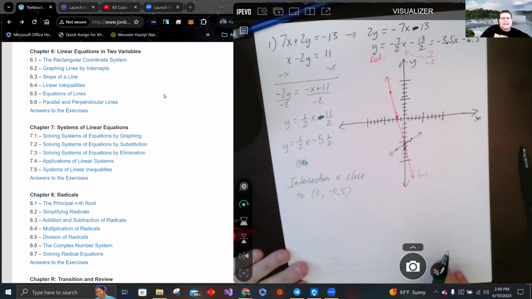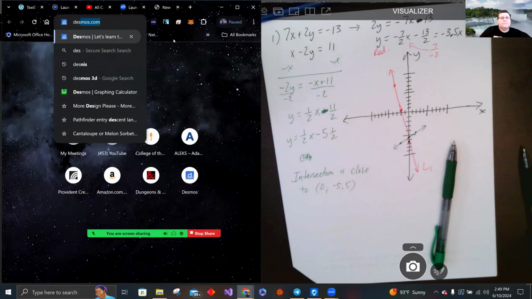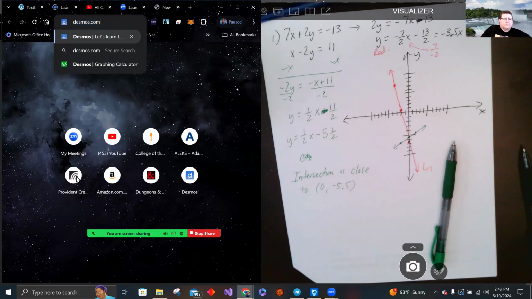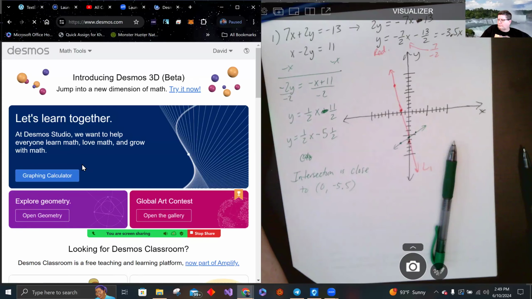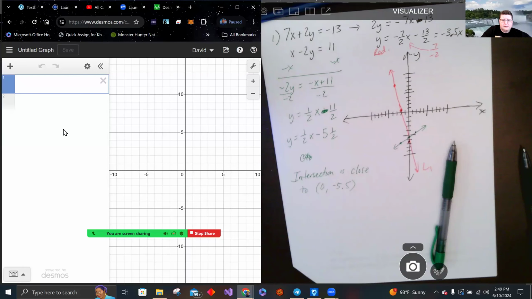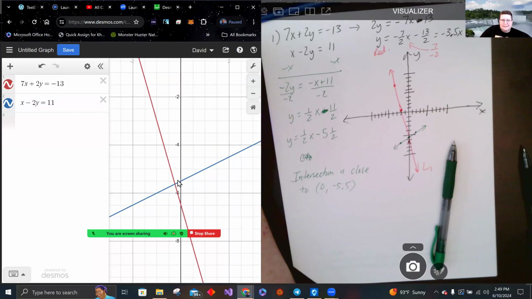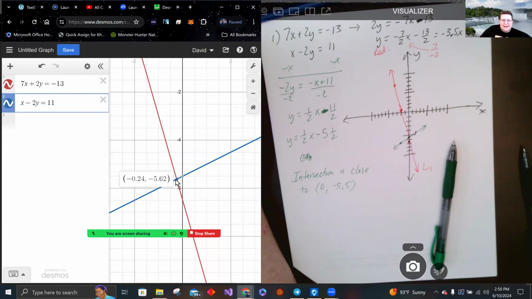If we do this in Desmos, we can see exactly where they do cross. I'll zoom in on right there. See, my graph's a little off.